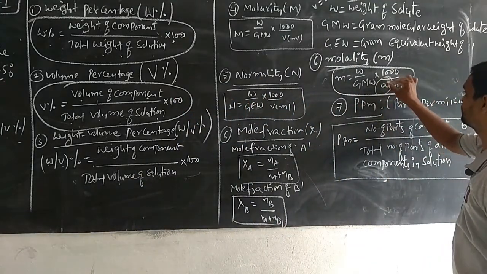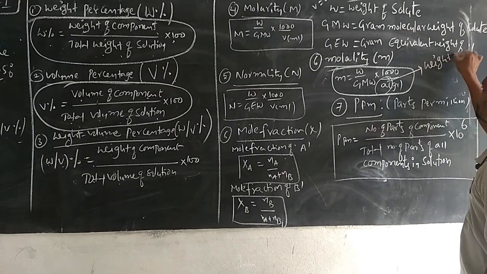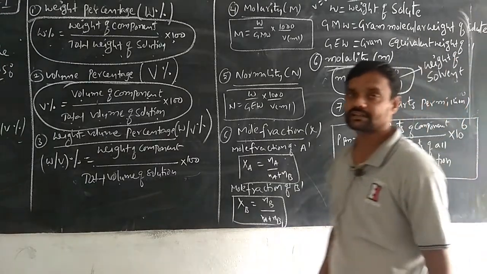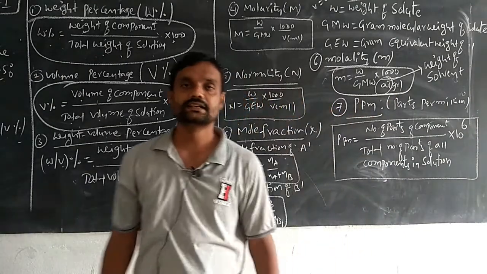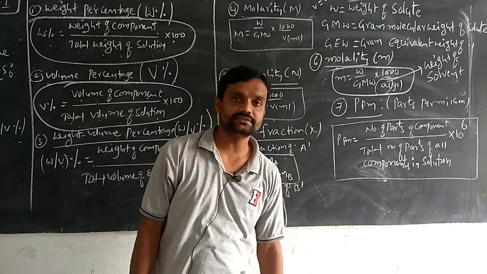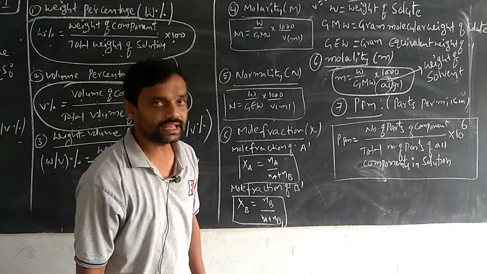You should remember that the denominator A is the weight of solvent. That is about the molarity of the solution, which can be indicated with a small m.